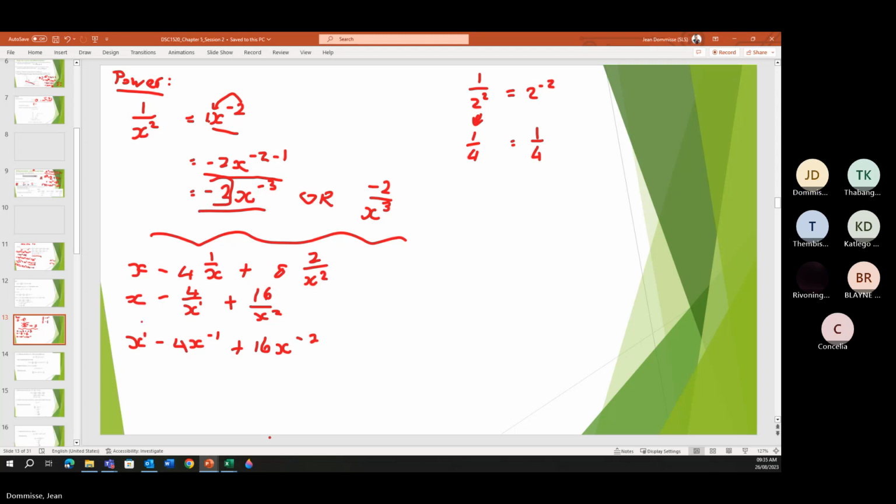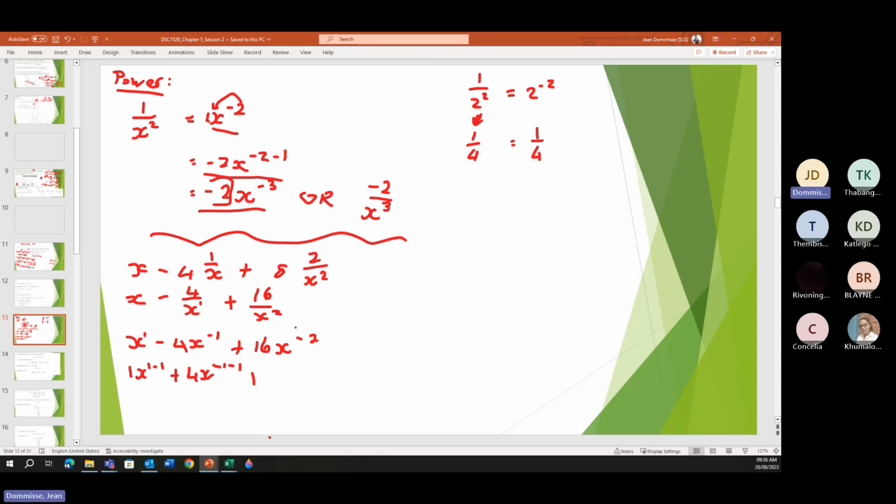So 1 goes in front, then it will be x to the power of 1 minus 1. Minus 1 times minus 4 is actually plus 4, x to the power of minus 1 minus 1. So we'll simplify that as well in the next step.